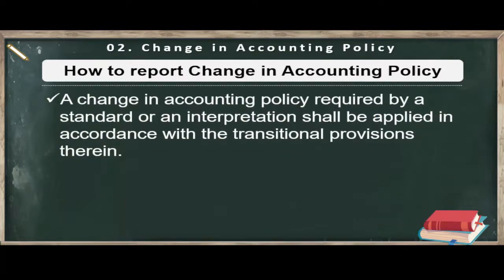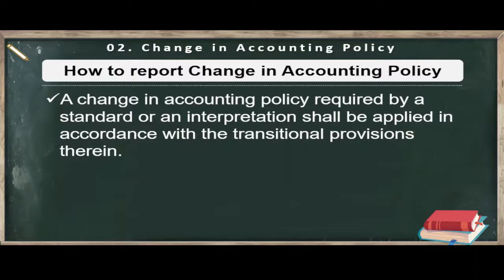Then how do we report a change in accounting policy? If there is a change in accounting policy which is required by a standard or an interpretation, it shall be applied in accordance with the transitional provisions therein. Therefore, you have to follow what is prescribed in the standards as a result of the change.